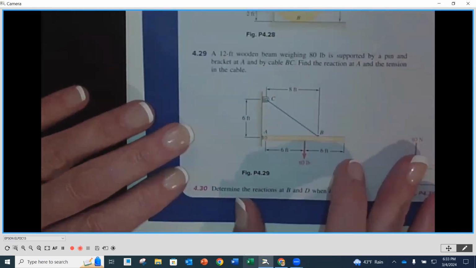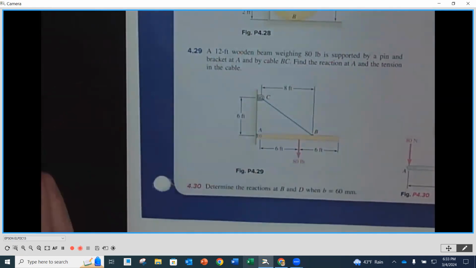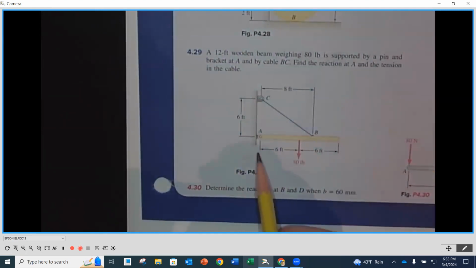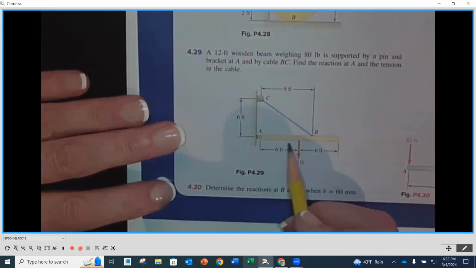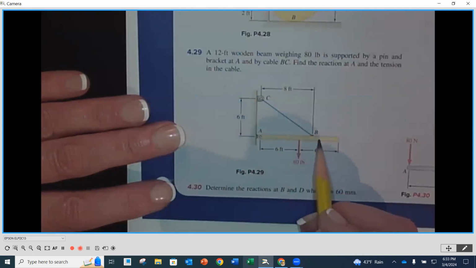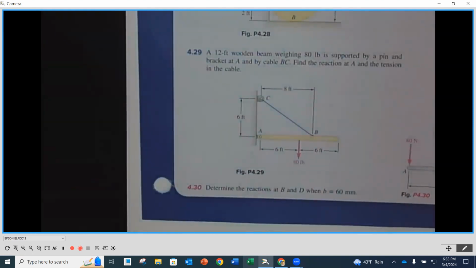We have a 12-foot wooden beam that weighs 80 pounds, and you'll notice they're showing that weight going down. It is supported by a pin reaction at A and a cable at B. Find the reaction at A and the tension in the cable. The body we're worried about here is just this beam, with a pin support at A and a cable at B. I want to know the tension in that cable, and I want to know the reactions at A.